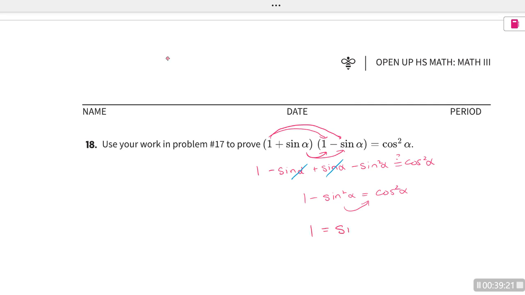So we get 1 equals, and it doesn't matter if I put it first or second, sine squared alpha plus cosine squared alpha. So yeah, we once again proved that this is true. We get the Pythagorean identity again.